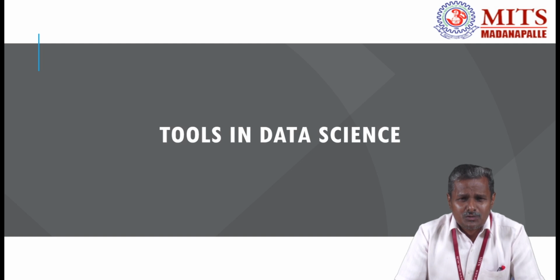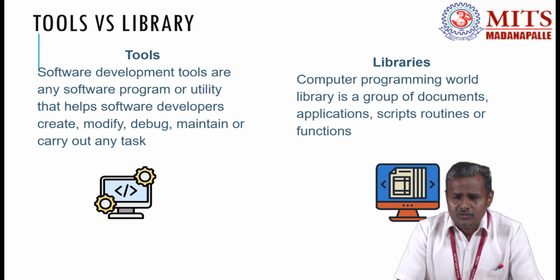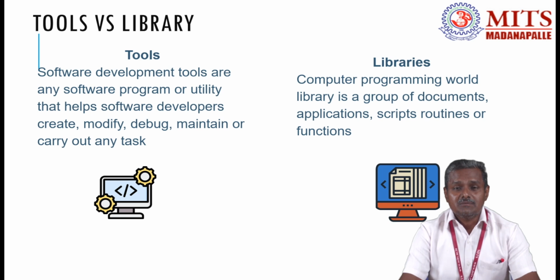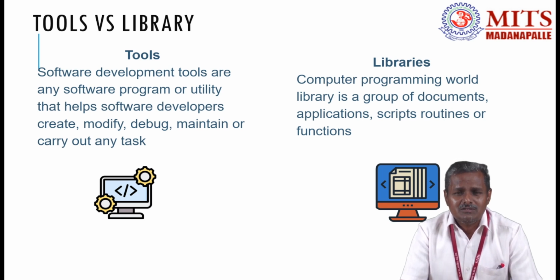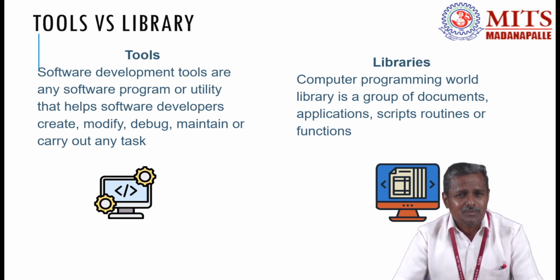And then we will discuss what are all the tools used in data science. Before we go to discuss these tools, we first need to know the difference between tools and libraries. We have heard both the words software tools and software library. So what is meant by a tool? Tools provide the total environment to develop software applications.